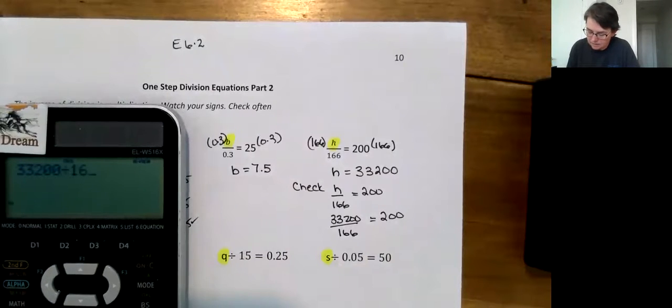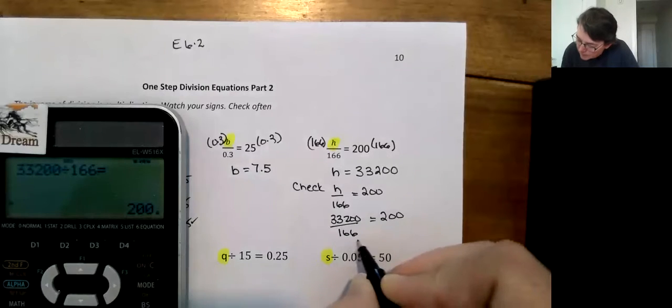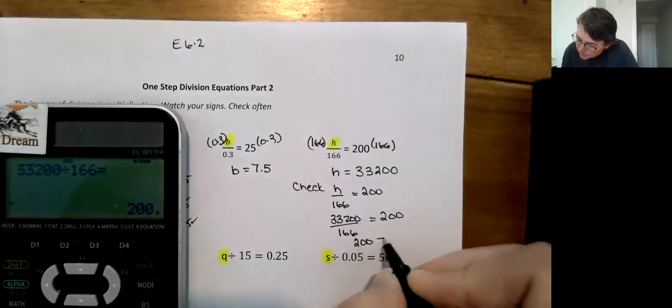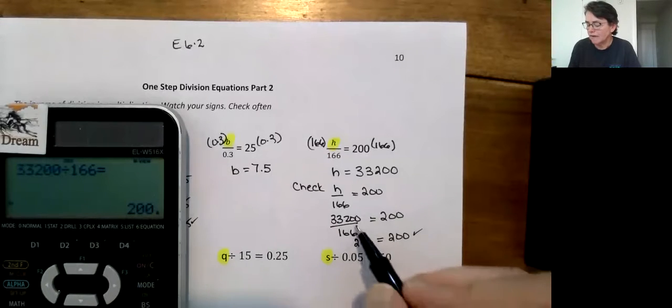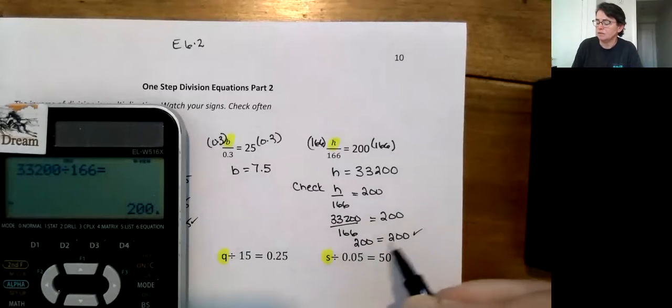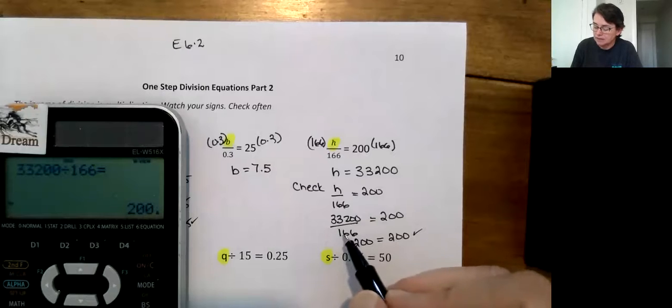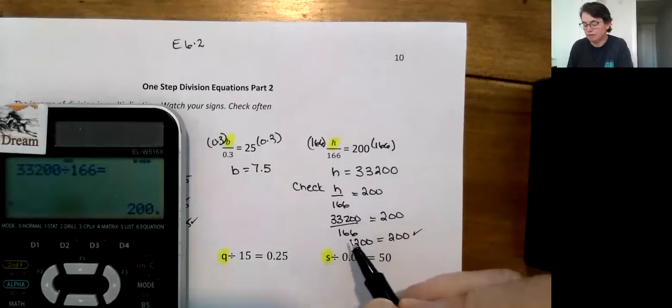Yep. Again, don't just write 200 down here because you know those two numbers are supposed to be equal. Use your calculator, or I guess you could do long division, and make sure you do it.